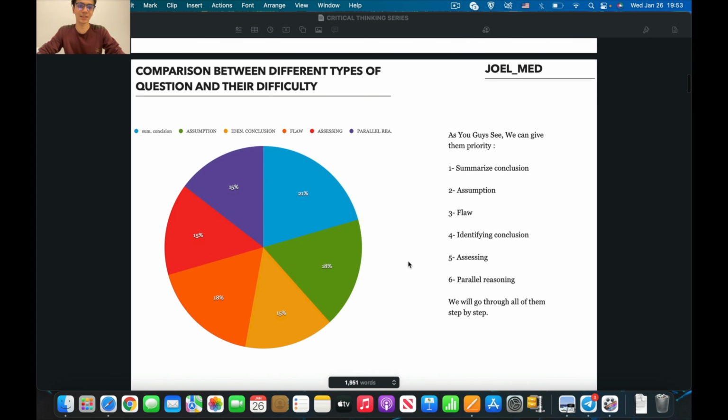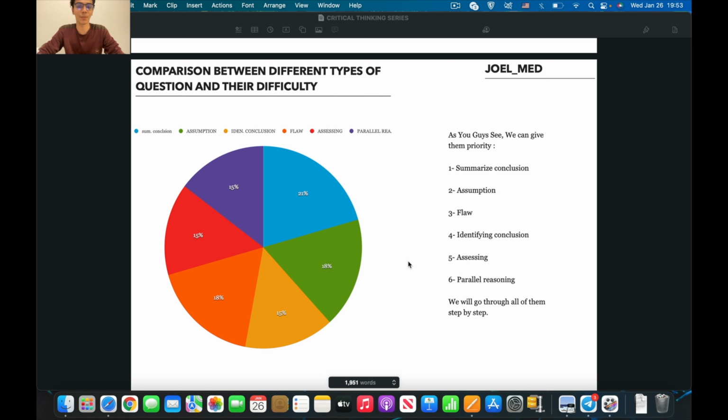In the next slide I will show you the priority of importance of every section of the IMAT, or actually the critical thinking series. It's not only for IMAT, it's also for TSA and BMAT tests and other tests. As you guys see, we can give them priority.